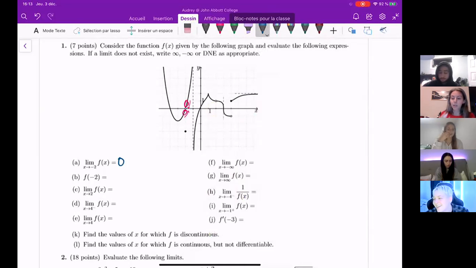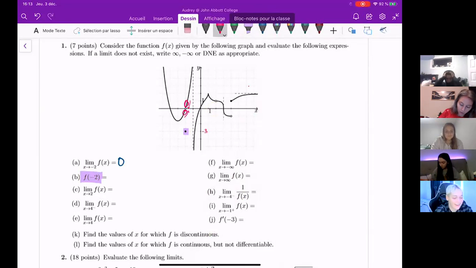It's not does not exist, because remember that f of -2 is saying where is the closed dot. And in this case, that closed dot is at -3. So f of -2 itself is -3. If there had been no closed dot there, then it would have been does not exist, right? Because we have an open dot at the place where the limit happens.